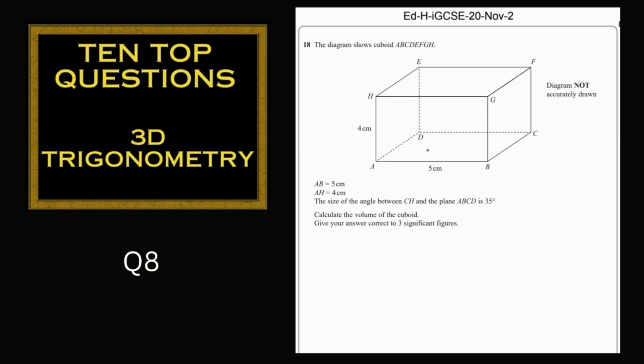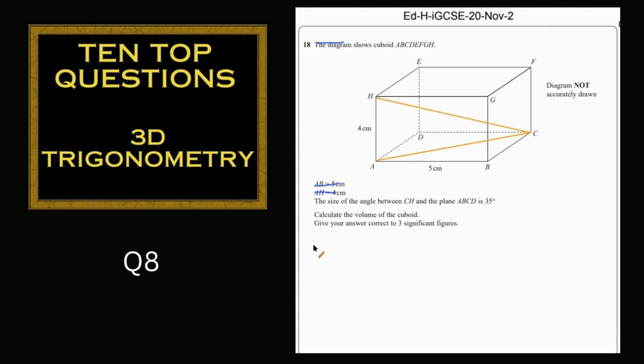Let's have a read of the question. Are we told anything new? Not there, we're not. Not there, we're not. Not there, but here we are told the size of the angle between C to H, let's get it drawn, and the plane, which yet again is the floor. So let's draw the shadow that it casts down there.